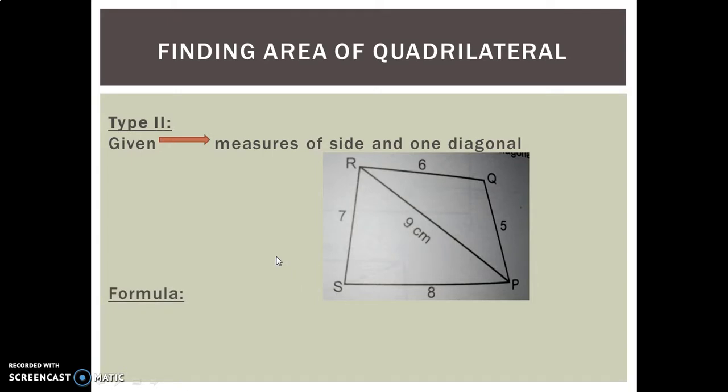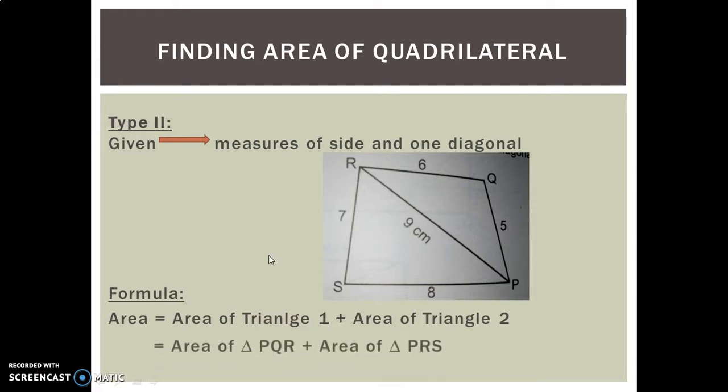For such a quadrilateral where we know all four sides and one diagonal, the area of the quadrilateral is the area of triangle 1 plus the area of triangle 2. Let us consider this as triangle 1 and this as triangle 2. So the area will be area of PQR plus area of PRS.